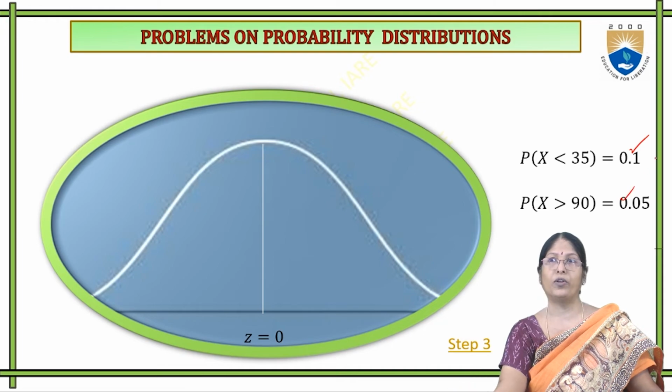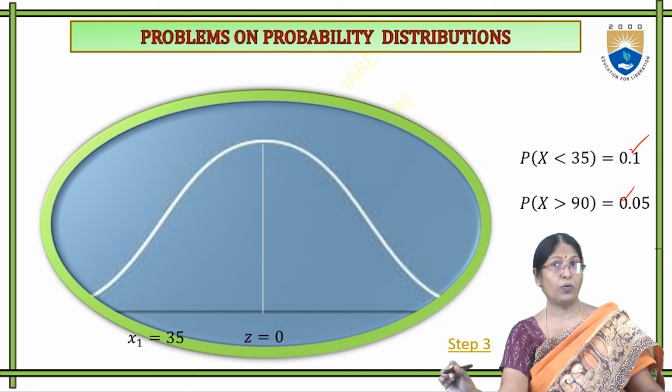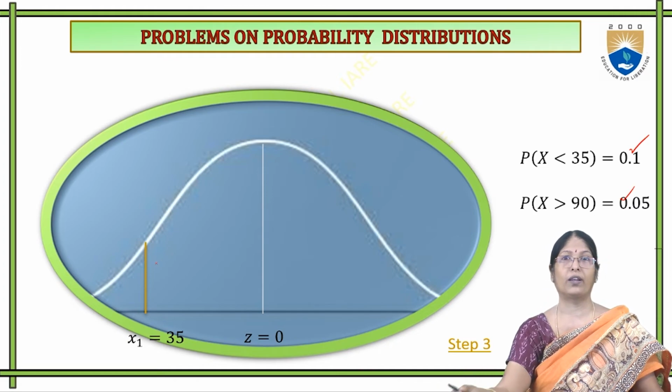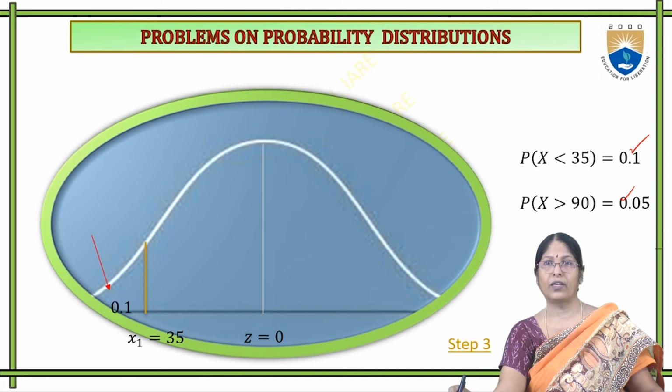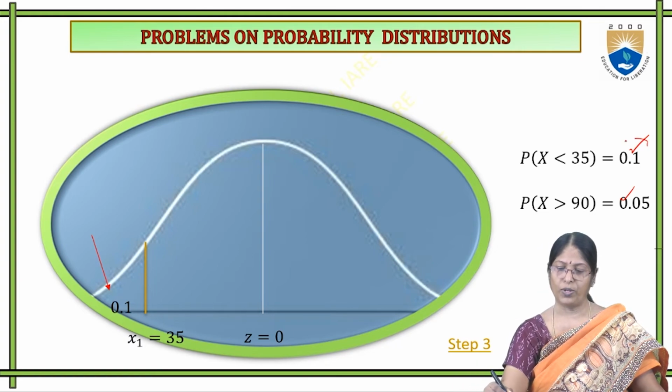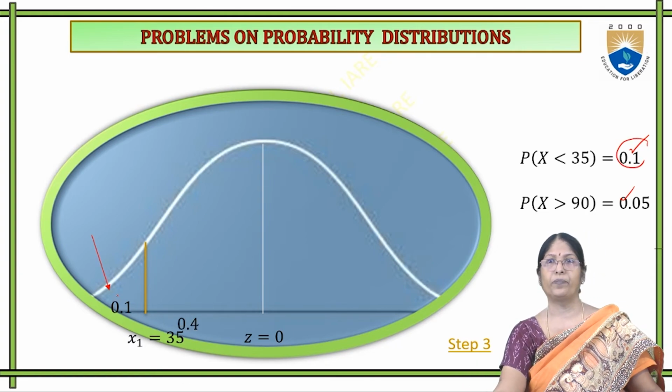Above 90, 0.05. x1 equal to 35, but it is not possible for us to plot it in the diagram, because only z points satisfying the scale x minus mu by sigma are plotted under the normal curve. But because of less than 35, the vertical line is selected on the left side. The area given there is 0.1.